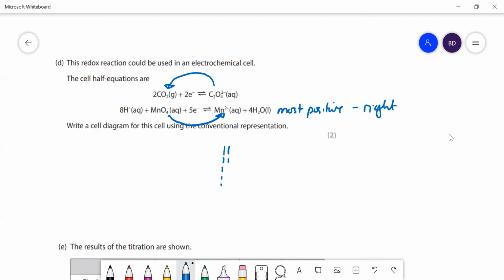So here's our salt bridge. That's how we show the salt bridge. Now I need to do the manganate. Okay, so now the other convention is most positive on the right, and also we put the oxidized form next to the salt bridge.